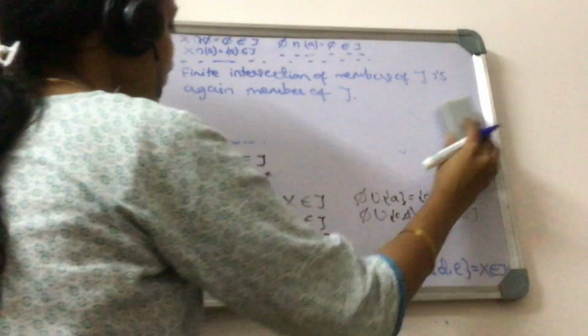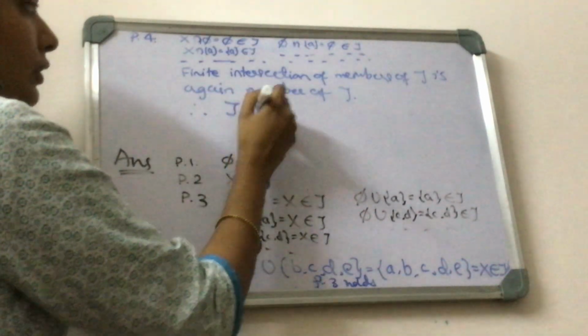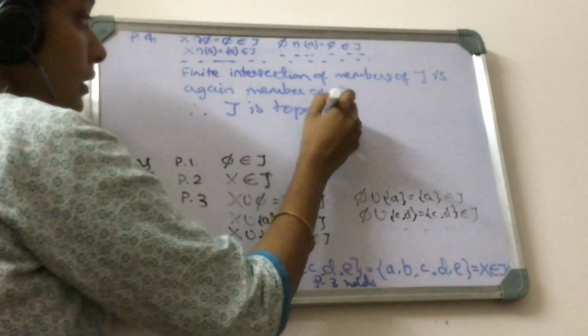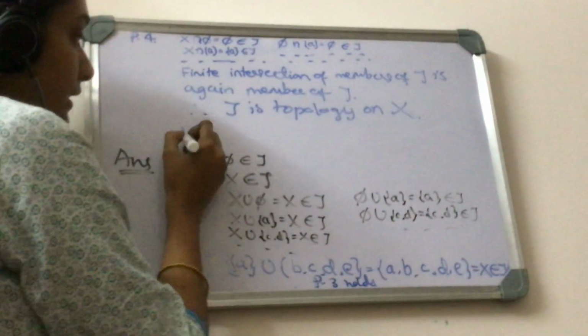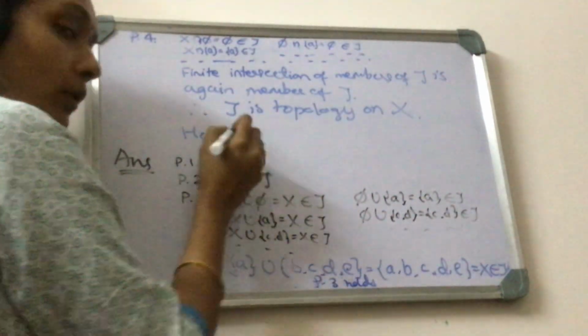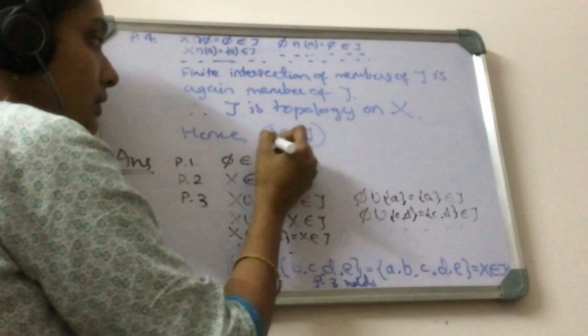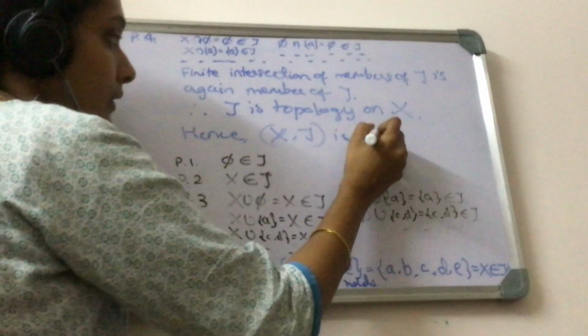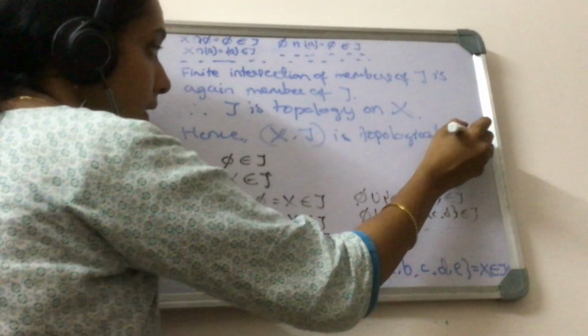Therefore, tau is topology on X. Hence, when tau is topology on X, what we can write? (X, tau) is topological space.